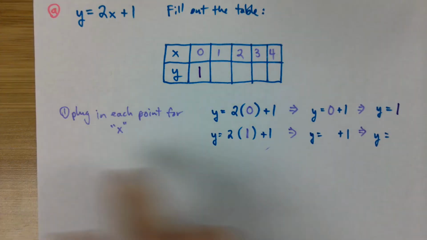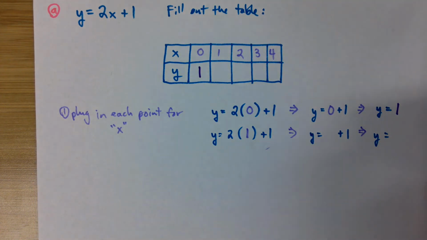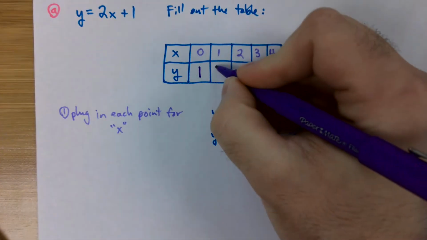So we plugged in 1 here. We multiplied 2 times 1, and what do we get? 2 times 1 is 2. And then 2 plus 1 gives us a y value of 3.